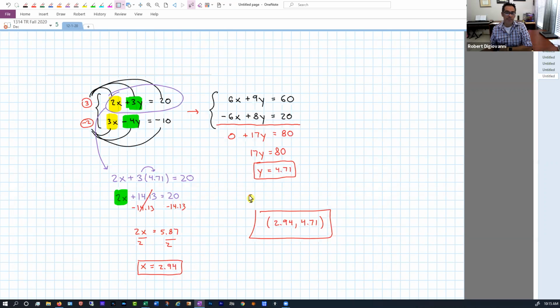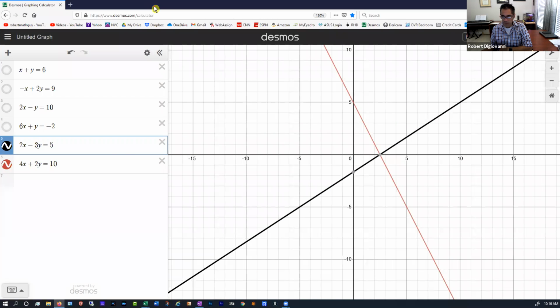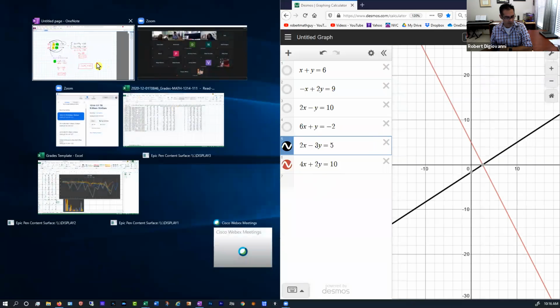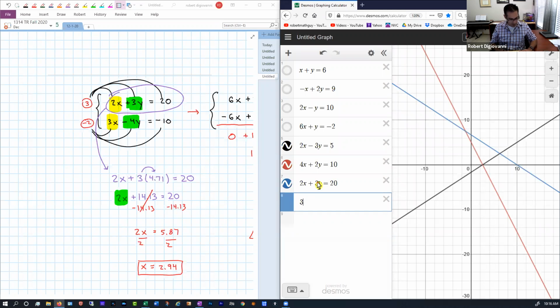Well, what do you think? Let's check our answer. I'm going to come over here to this program. Let me see, 2x plus 3y equals 20. And then 3x minus 4y equals negative 10.